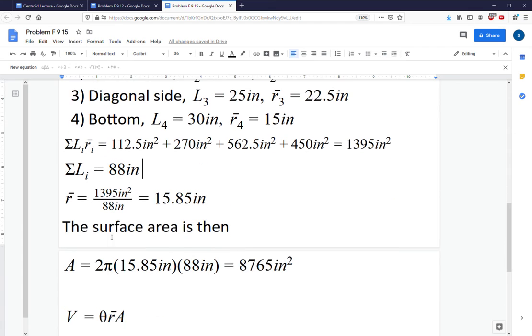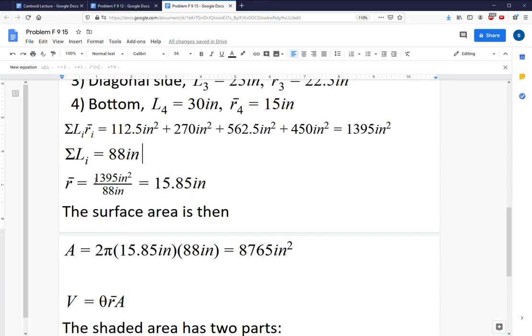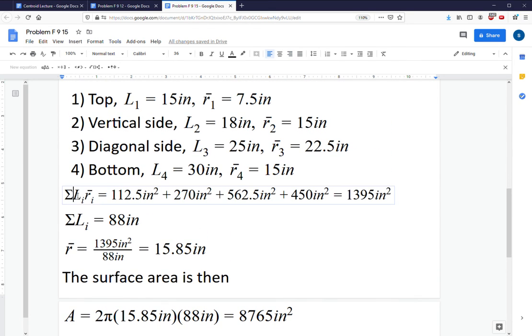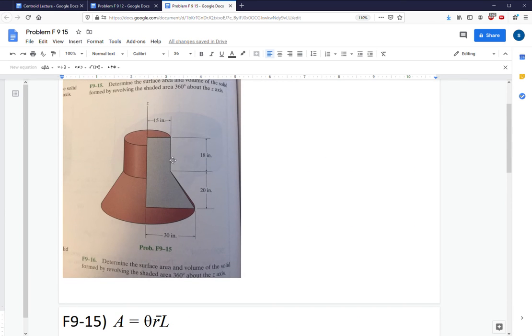We can find the average location in the r direction by taking the weighted length divided by the total length: 1,395 square inches divided by 88 inches, to get 15.85 inches. So just a little bit beyond this point right here.